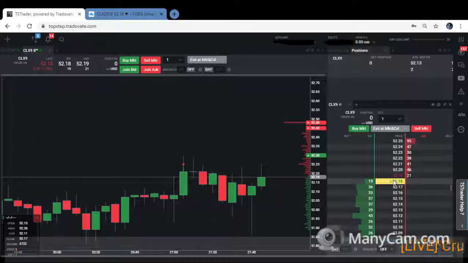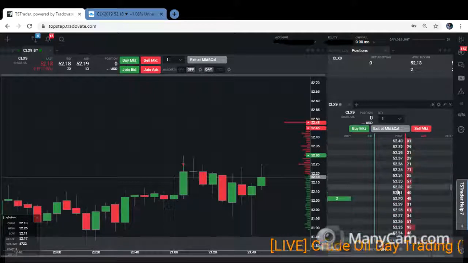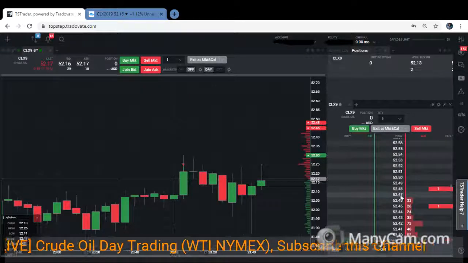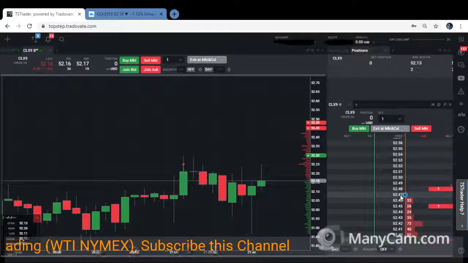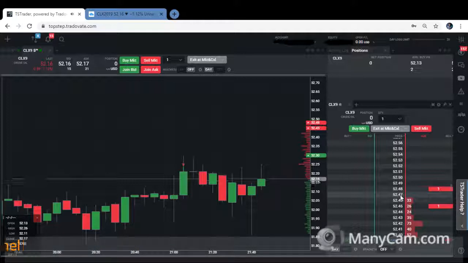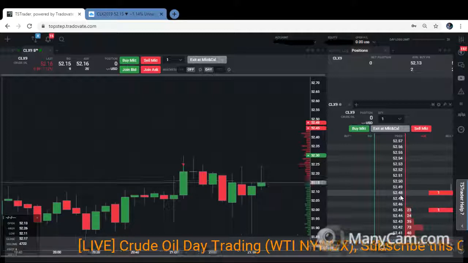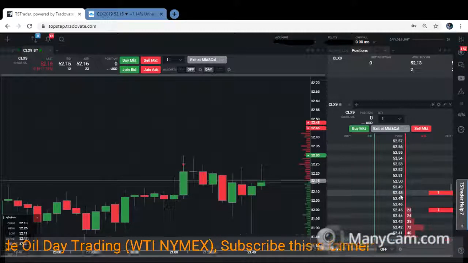Let's take a look. It's not seen on this DOM, only limited. Compared to if you are using CQG, you can see there's a high volume waiting at 52.48.